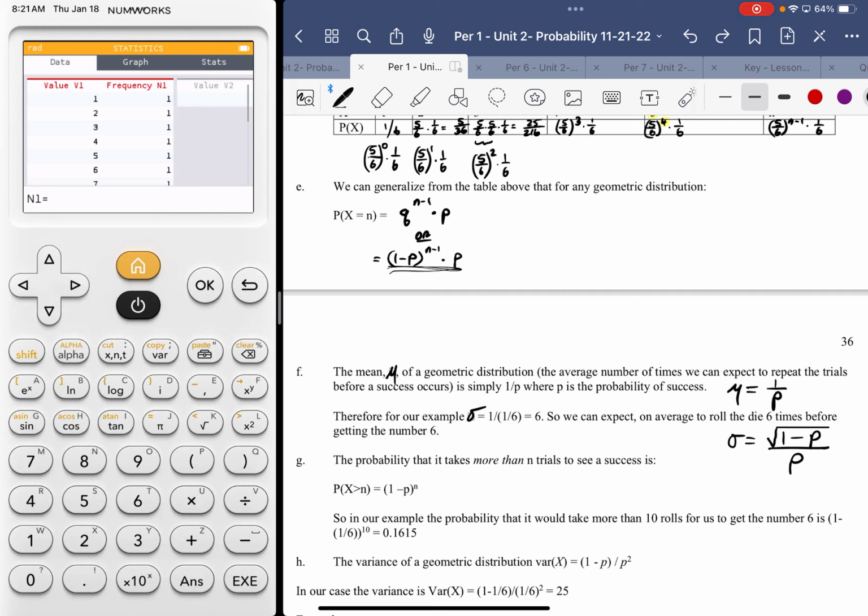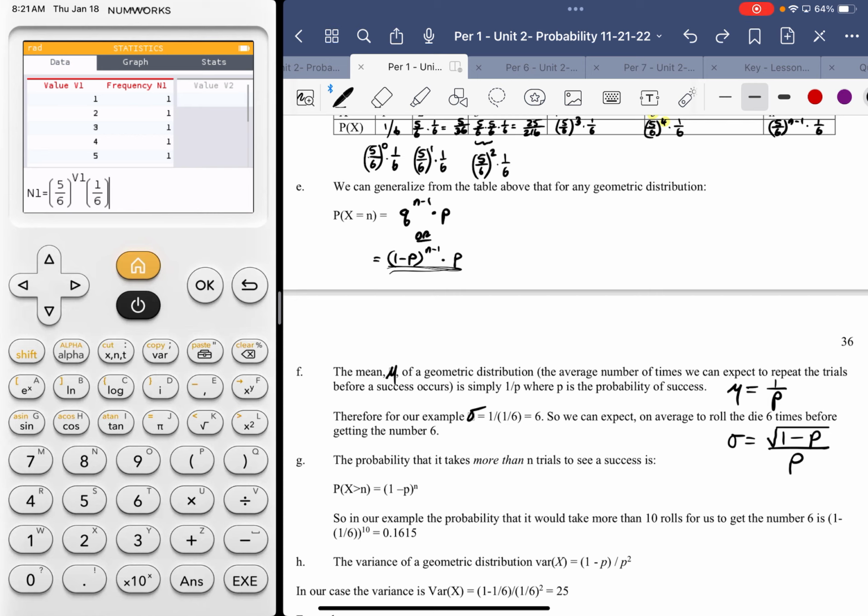So I'm going to do, it's 1 minus p, so this is the roll of a die, so 5 over 6. I'm going to raise that up to the n minus 1 power. N is the value that's stored in value v1. So shift alpha division 1. And then put in a 1 divided by 6.